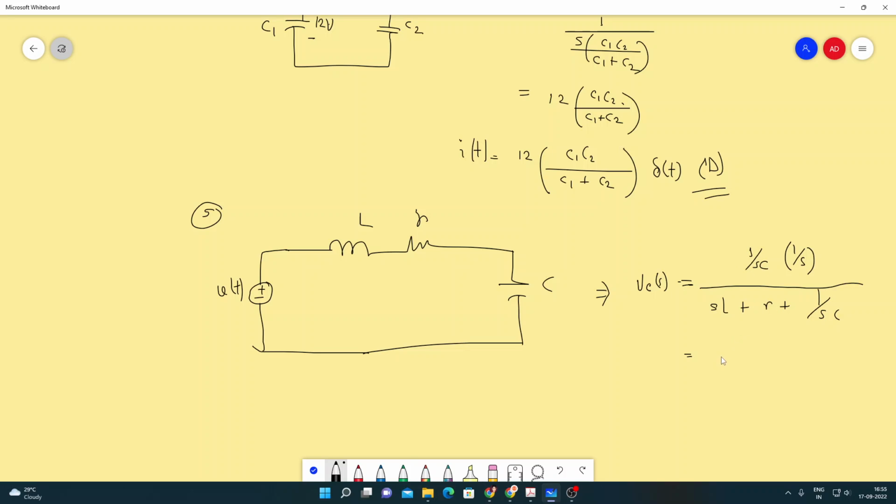Multiplying SC on top and bottom, we get 1 by S times 1 by S square LC plus SCR plus 1.